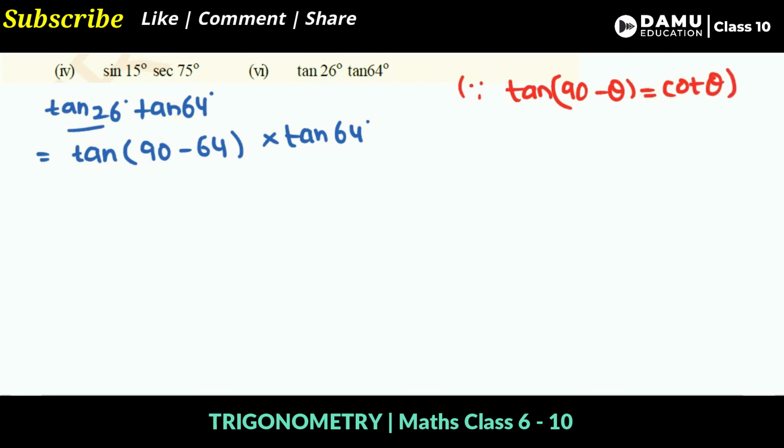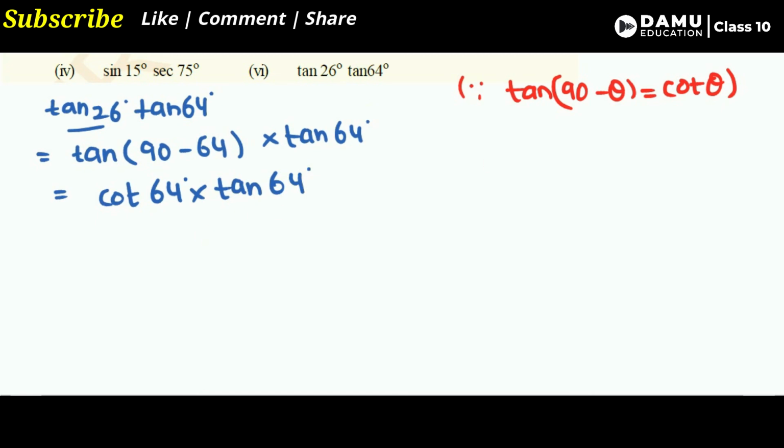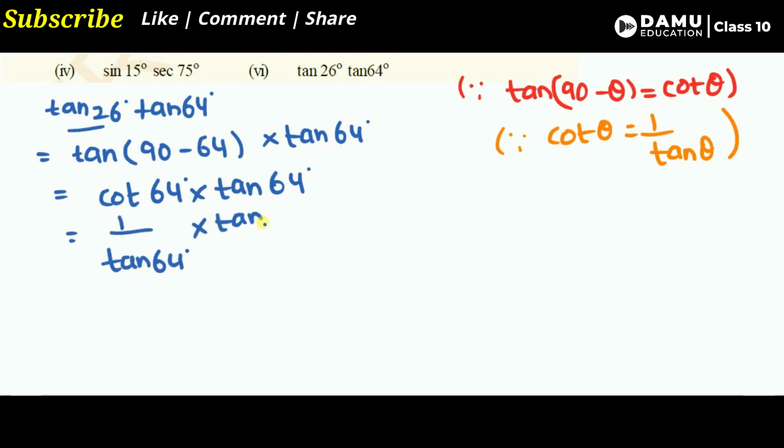So cot 64 degrees into tan 64 degrees. Cot theta is 1 by tan theta, so 1 by tan 64 degrees into tan 64 degrees. These two values cancel, and the answer will be equal to 1. If it is like this, a subtraction of 90 degrees with the opposite angle, then we always get the value 1.